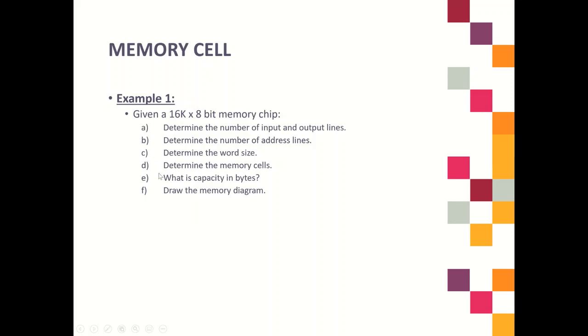To determine these values, you just refer to the memory component that is given to you, and then you need to change it to the format of 2 to the power of n times m. After that you can calculate the values. So I will show you the answer.